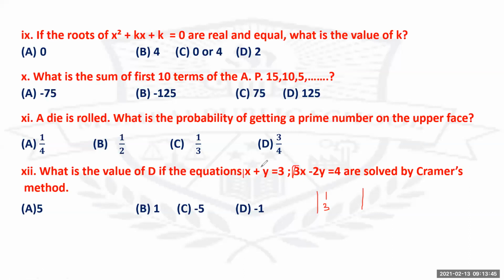In the next column, the coefficient of y, that is 1, and here you will get minus 2. Understand? Now you'll cross multiply diagonally. So 1 into minus 2 is minus 2. 3 into 1 is 3, and in between you'll get a negative sign. So minus 2 minus 3. What is the answer? Minus 5.